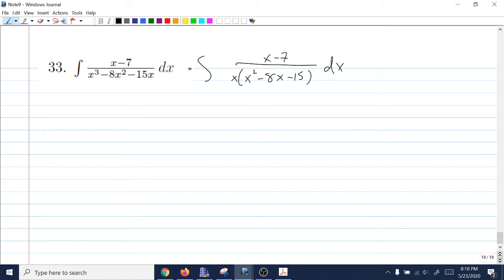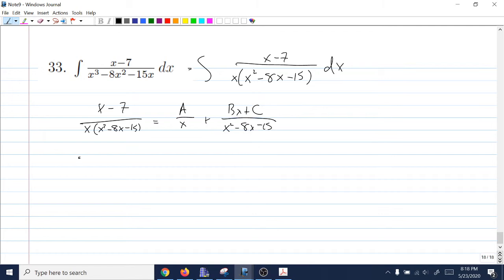Oh, yeah, that's almost ready to complete the square. Okay. Let's do it. x minus 7 over x squared minus 8x minus 15. It's going to be a over x plus bx plus c over x squared minus 8x minus 15.